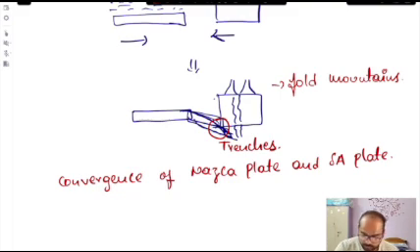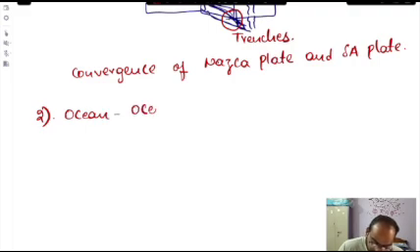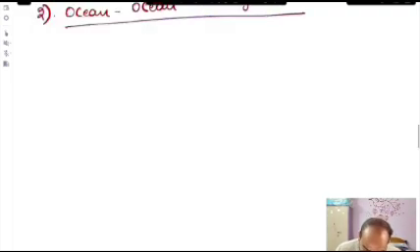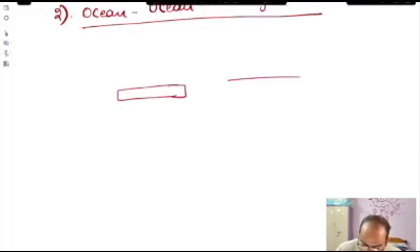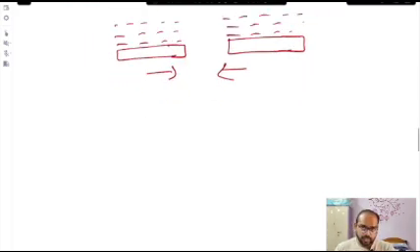This is ocean continent convergence. Second one would be ocean ocean convergence, where two oceanic plates move towards each other.